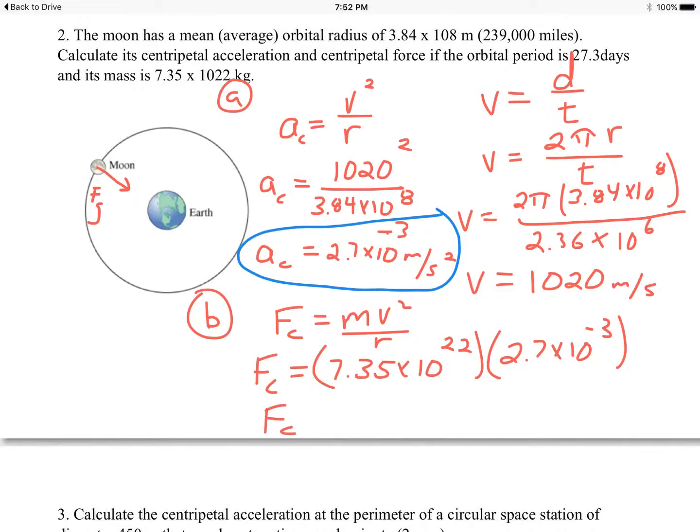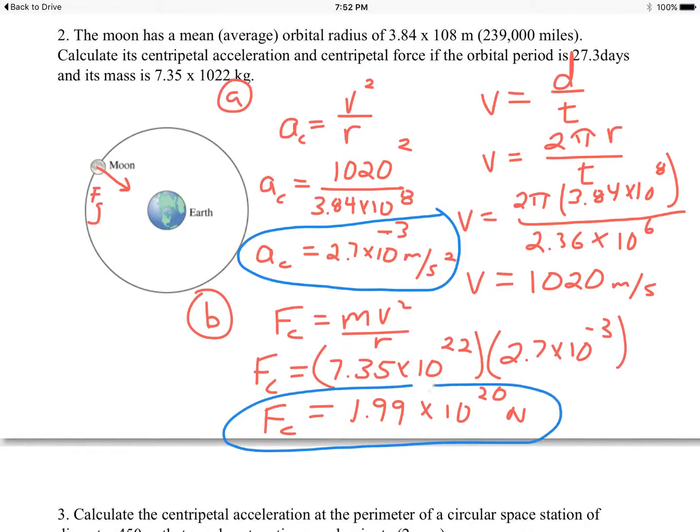The centripetal force, which is due to gravity in this case, is 1.99, could have just rounded it off to 2, times 10 to the 20th newtons. That's a huge force. That's the force of gravity, that's the centripetal force on the moon.